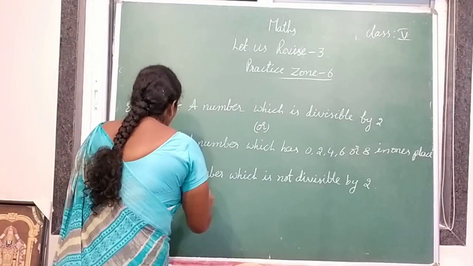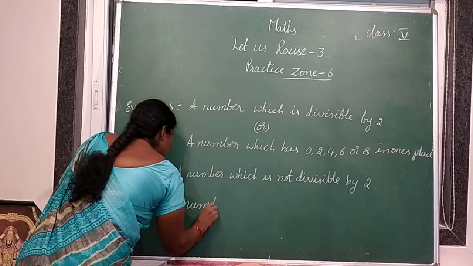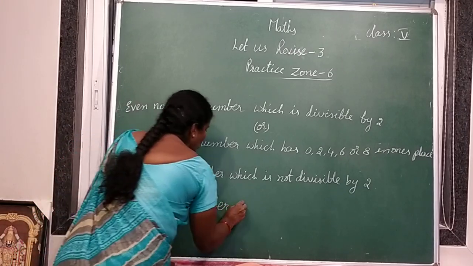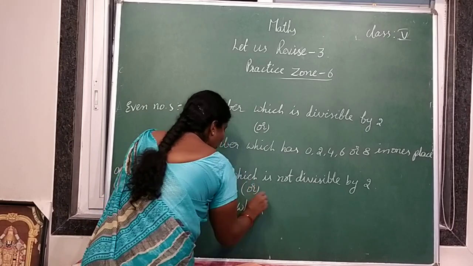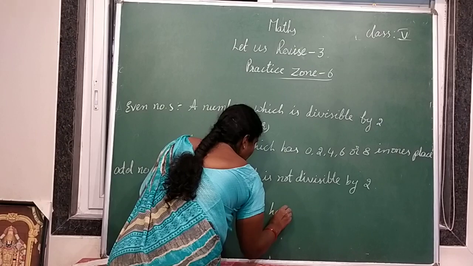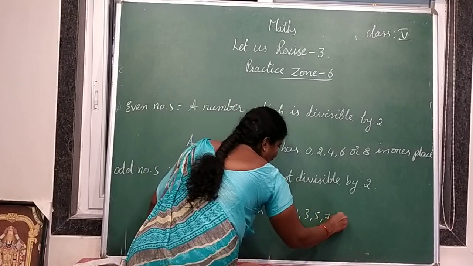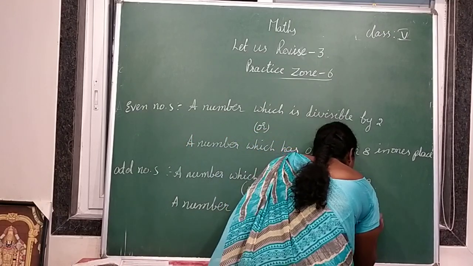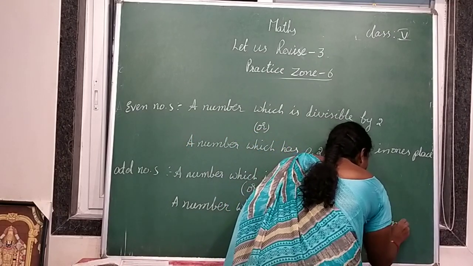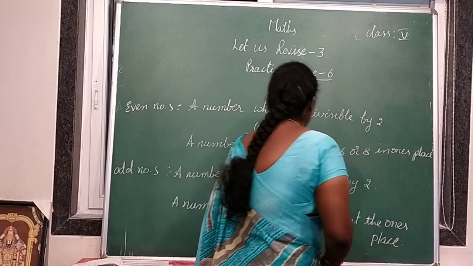So, odd numbers have what digits in one's place? A number which has 1, 3, 5, 7 or 9 at the one's place, those numbers are called odd numbers.